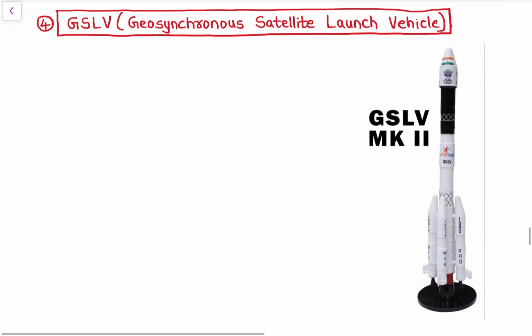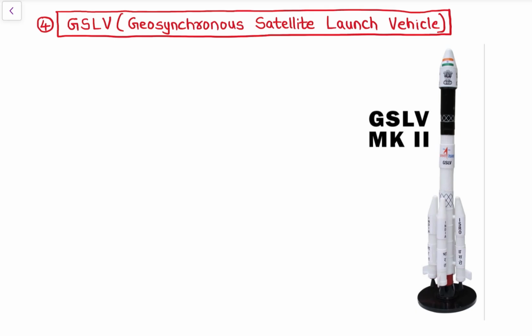Now let's understand the next one, GSLV. GSLV is a 4th generation launch vehicle, first successfully launched in 2001. GSLV stands for Geosynchronous Satellite Launch Vehicle. When it comes to GSLV, there is no GSLV 1.